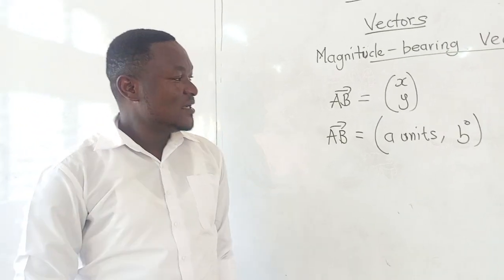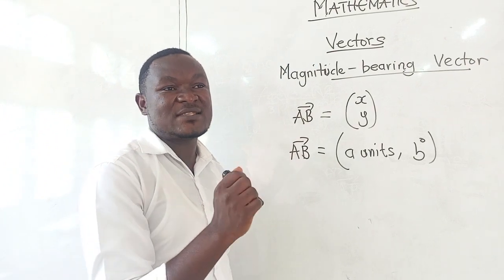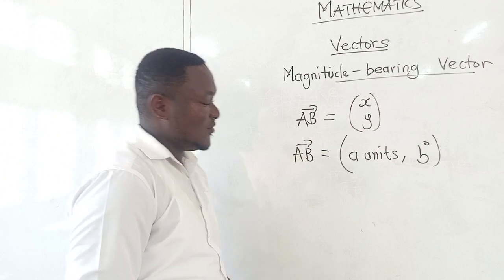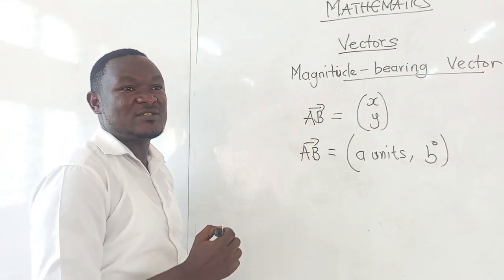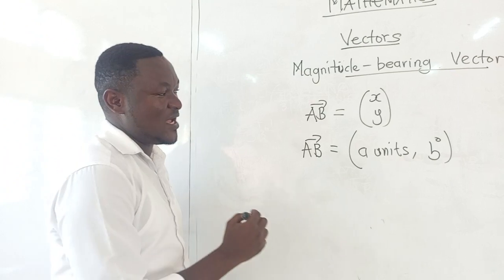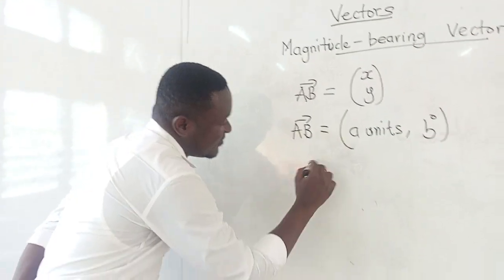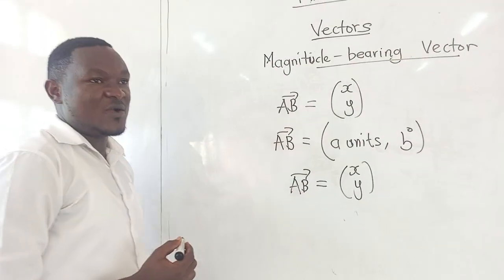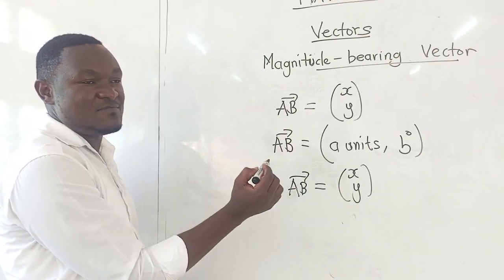Now, to change a component form of a vector to the magnitude form, we first have to find the magnitude of the vector. So if we have the vector AB as x, y, we are going to find the magnitude of the vector AB.